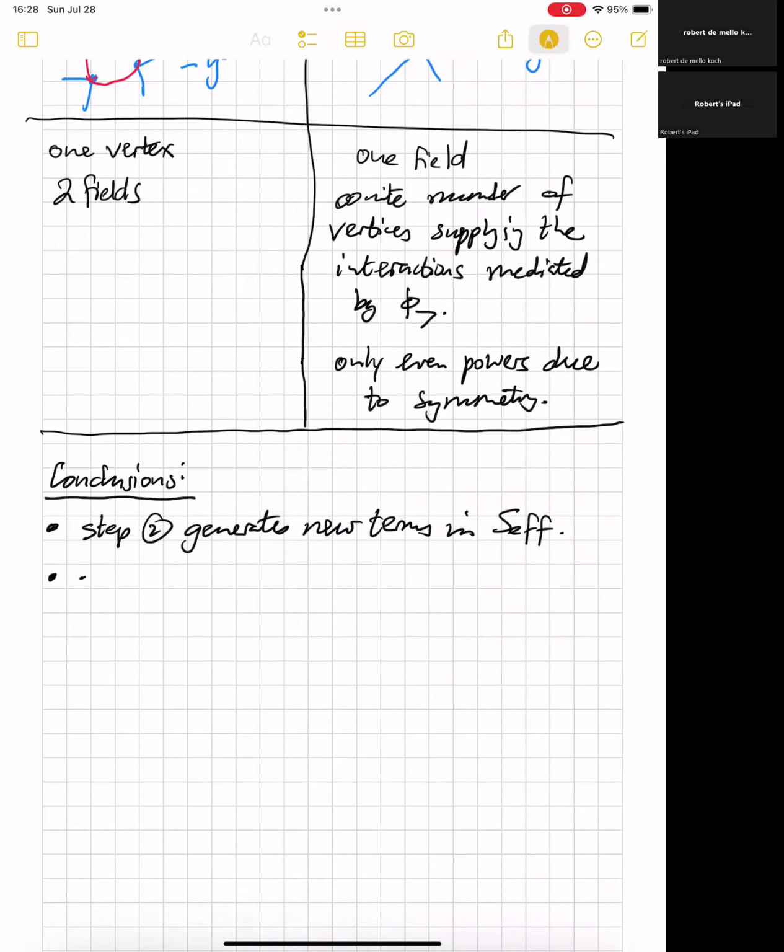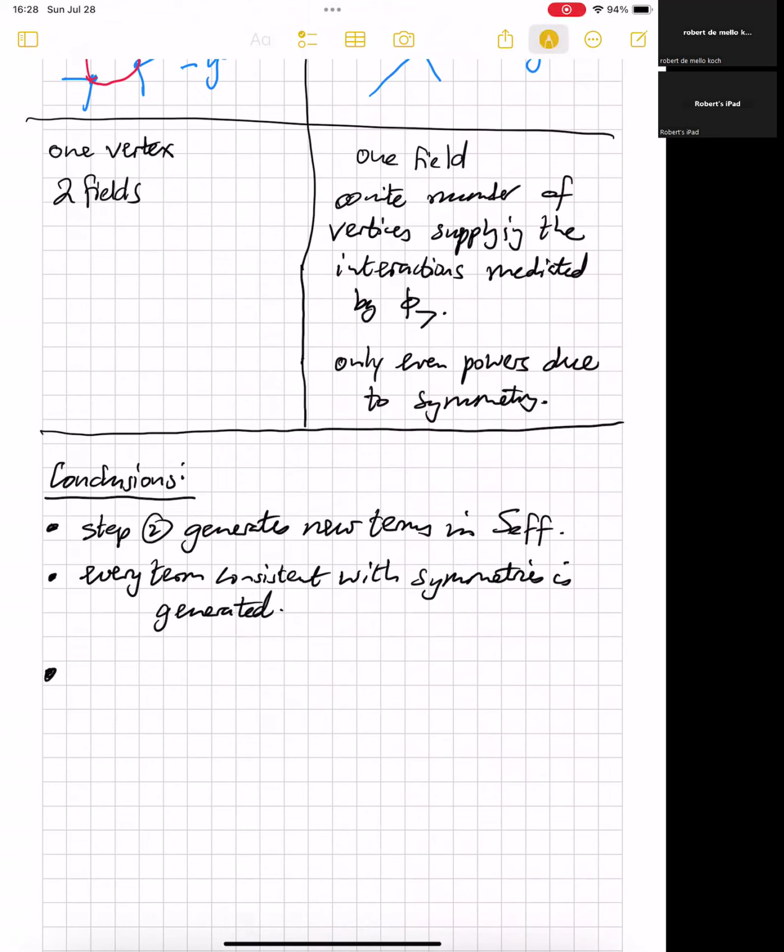Next, every term consistent with the symmetries of the theory is generated. So the symmetries play a big role in telling you what terms you can have in the effective action, and then all possible terms are generated.